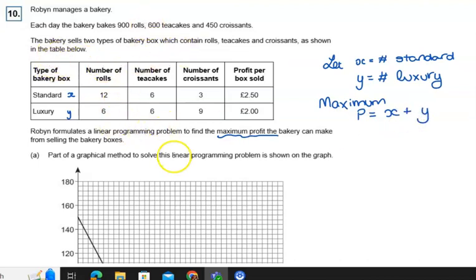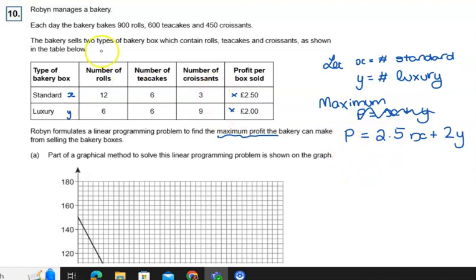But hang on, we're talking about profit here. How much do you make for a standard box? You make £2.50. And how much do you make for a luxury box? £2. Well, this is profit, right. So our profit is £2.50 times X, plus £2 times Y. So this is in pounds.